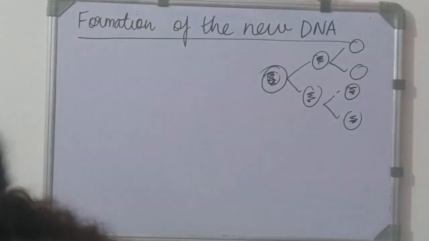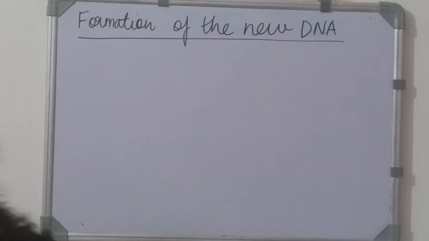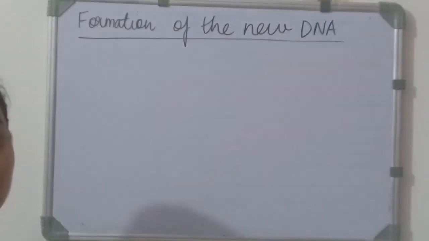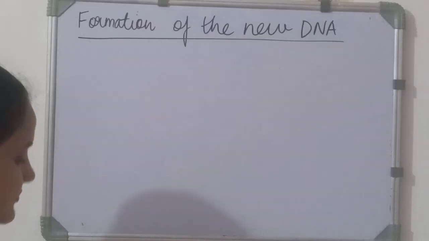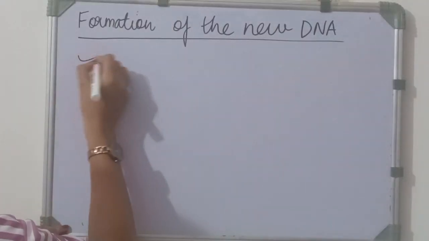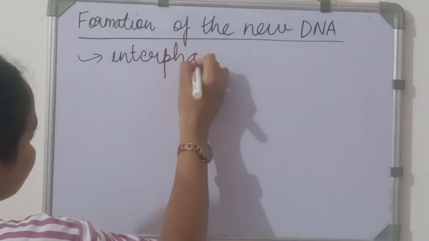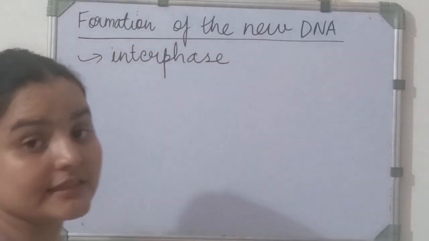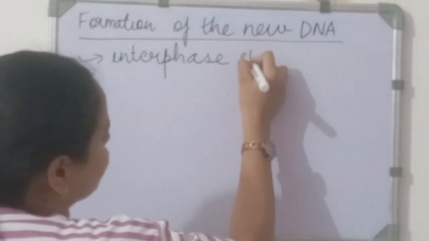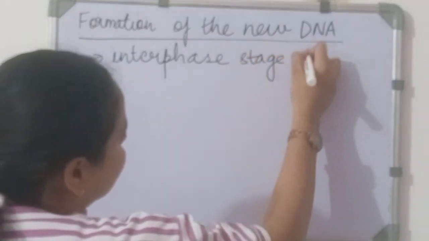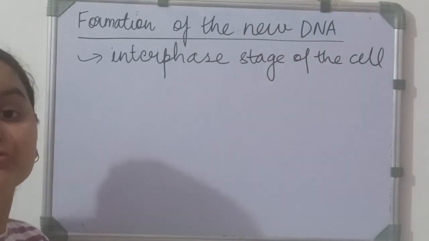Now, this formation of new DNA occurs in the interphase, or the resting phase of the cell, the interphase stage of the cell, meaning when the cell is preparing for division.